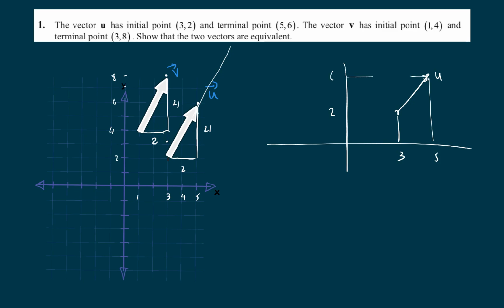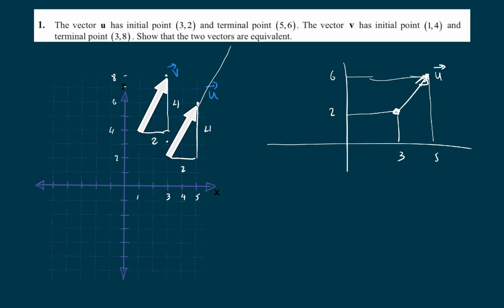Okay, how will I obtain this vector? This vector's tail is at 3, 2, and the head is at 5, 6. So this is the vector u. How will I obtain it?